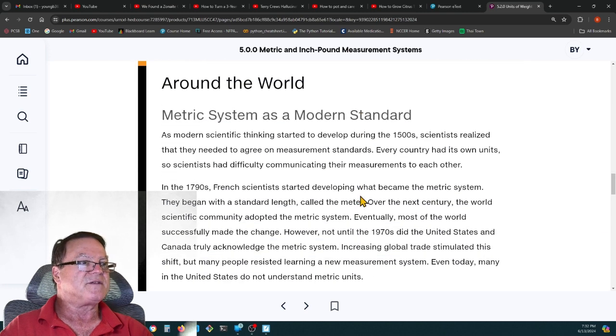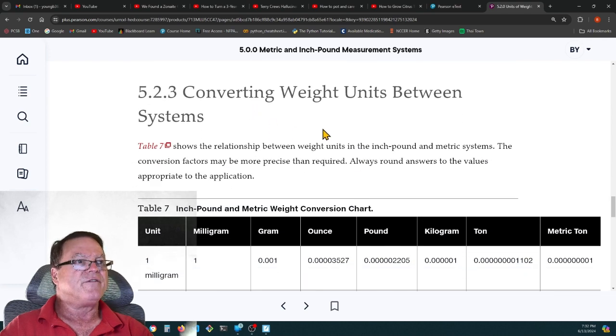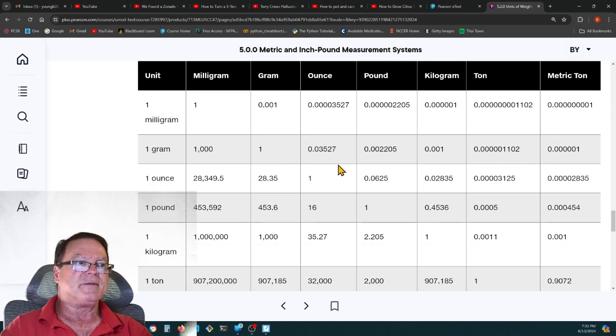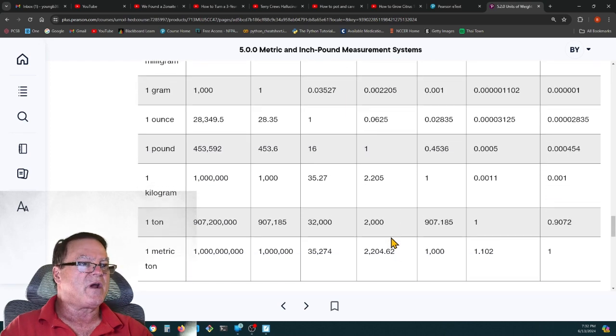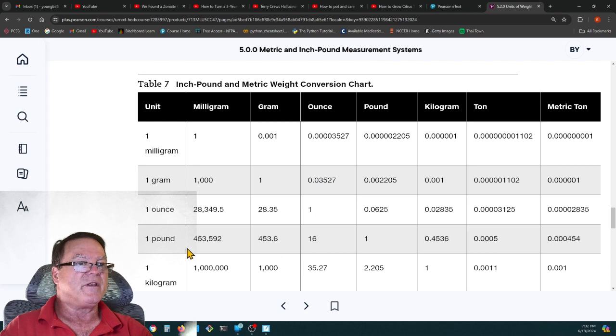Metric system has a modern standard. I'm going to skip over that. Converting weight units between systems. Again, I wouldn't try to memorize this whole chart. If you can do it, more power to you. Just be familiar with a pound is 16 ounces, and a kilogram is about 2.2 pounds.